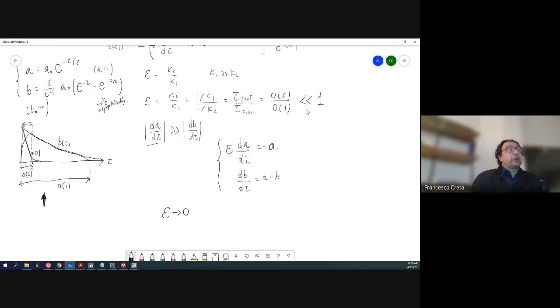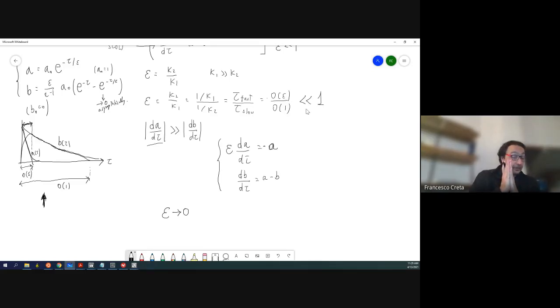We have a very short temporal boundary layer. Now, I can make it whatever size I want because epsilon is a free parameter, and we know that epsilon is very small. So we may as well just shrink this temporal boundary layer to 0. What does that mean?